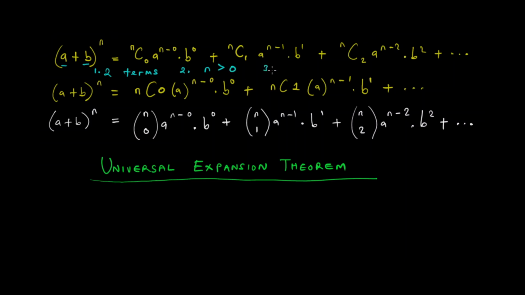And for condition number 3, n should be a whole number, an element of whole numbers. So n should be a positive whole number. Correct, n cannot be fractional. We cannot put (a plus b) to the power half, for example. n should be a positive whole number, and we also should have two terms.